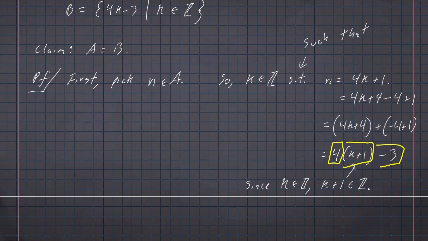And that's the definition of B. Right, 4 multiplied times some integer and then subtract 3, that's what it takes to be something in B. And so by picking an arbitrary element out of set A, we show that that element must be in set B, and so A is a subset of B. Now we're getting somewhere.